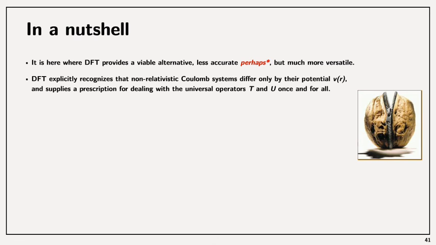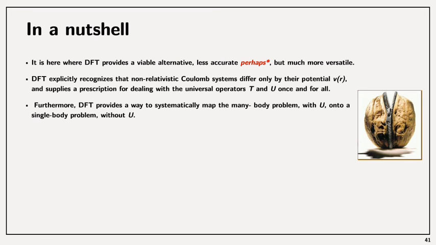We also know in DFT, and I insisted on that, that what is not universal in the quantum mechanical description is the external potential, and we are going to use that. By the way, the operator T is the kinetic energy and U is the electron-electron interaction. So we are going to show that DFT provides a way to solve the many-body problem. That's what this course will be all about.